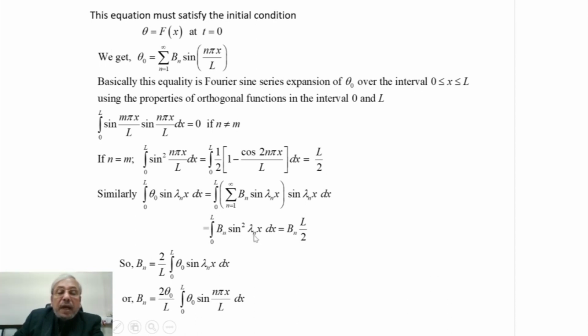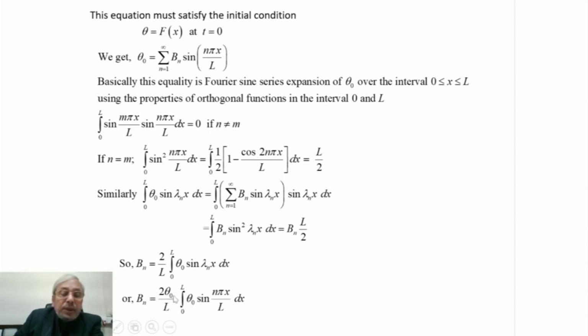So the Bn sin squared lambda n x integral is Bn into L by 2. So Bn will be 2 by L multiplied by the integral from 0 to L of theta naught sin lambda n x dx. So Bn is twice theta naught by L, integral 0 to L, sorry, one theta naught has been extra.